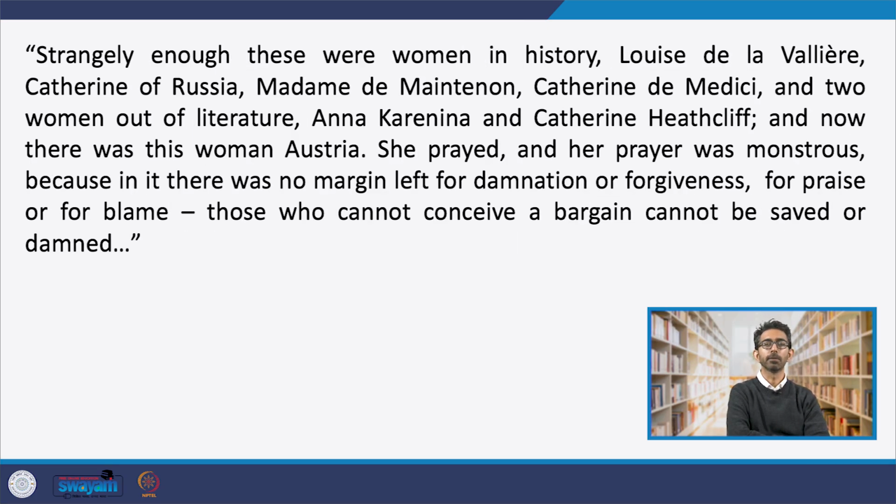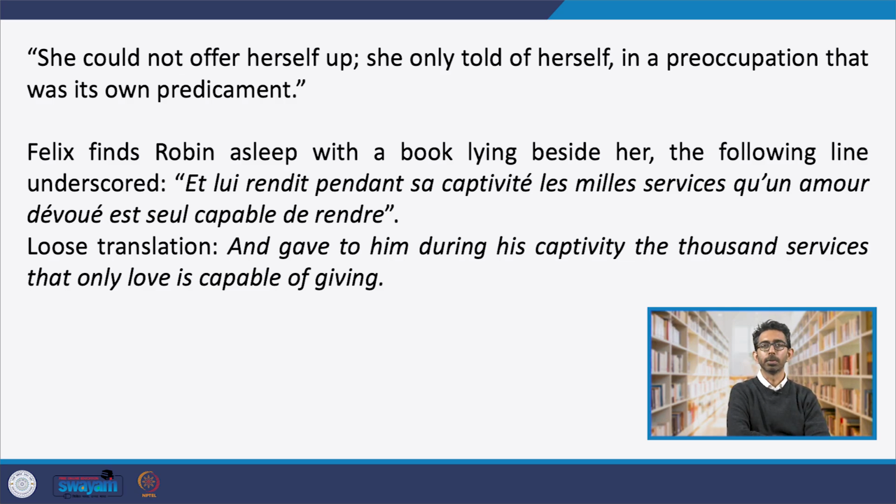Strangely enough, these were women in history: Louis de Valère, Catherine of Russia, Madame de Maintenon, Catherine de Medici, and two women out of literature, Anna Karenina and Catherine Heathcliff. And now there was this woman, Austria. She prayed, and her prayer was monstrous, because in it there was no margin left for damnation or forgiveness, for praise or for blame. Those who cannot conceive a bargain cannot be saved or damned. She could not offer herself up. She only told of herself in a preoccupation that was its own predicament.